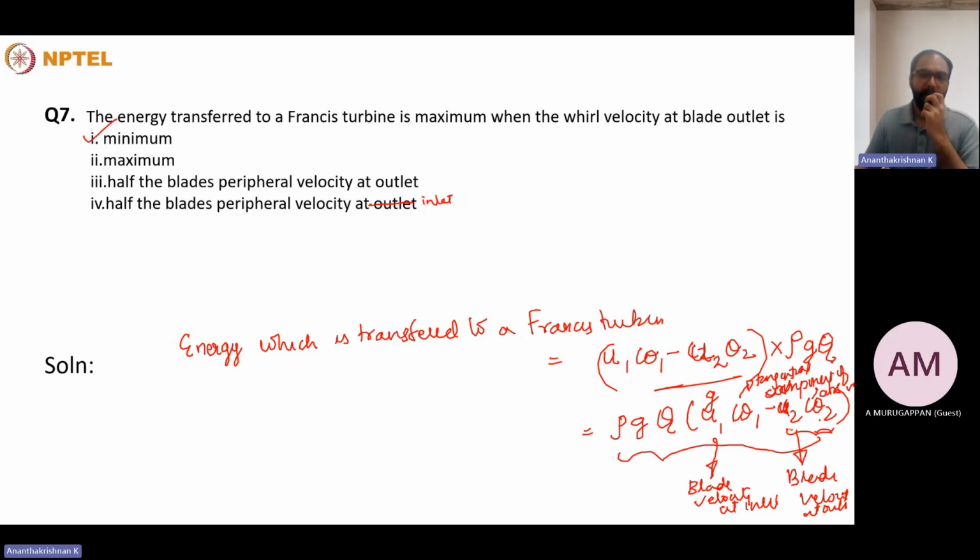If C theta 2 becomes minimum, the whole term will become minimum, and the corresponding energy transferred to the Francis turbine can become maximum. So the answer to this problem is when the whirl velocity, that is the tangential component of the absolute velocity at the outlet, is minimum, we can get the maximum value of the energy transferred to the Francis turbine.